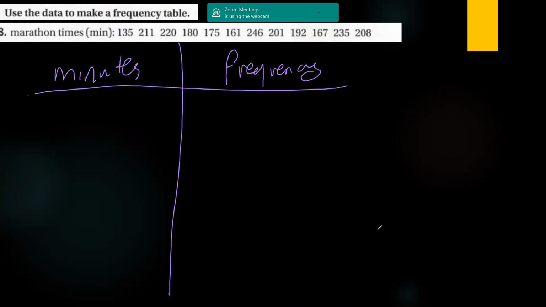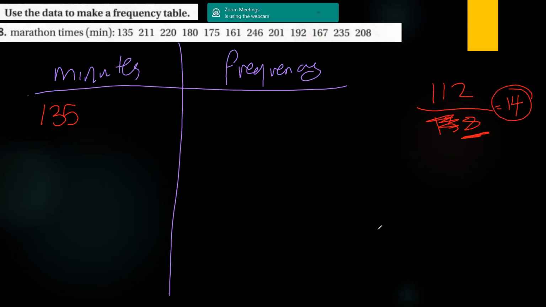Now, you will start with 135. And this 135, we said that if I divide 112 by 8, we get 14. So you can choose 8 as the length of the interval, or you can choose 14 as you want. So let's choose 14.